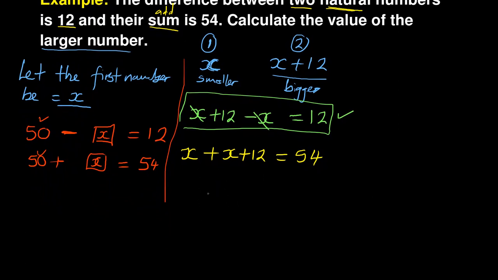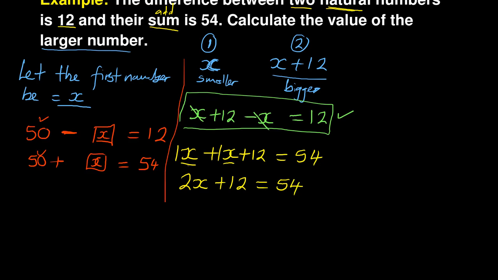and in this particular equation I have got the x and the x, collect like terms. Remember, if it's x, it means there is a 1 there and there is a 1 there. 1 plus 1, I get 2, but in this case it's 2x plus 12 is equal to 54.